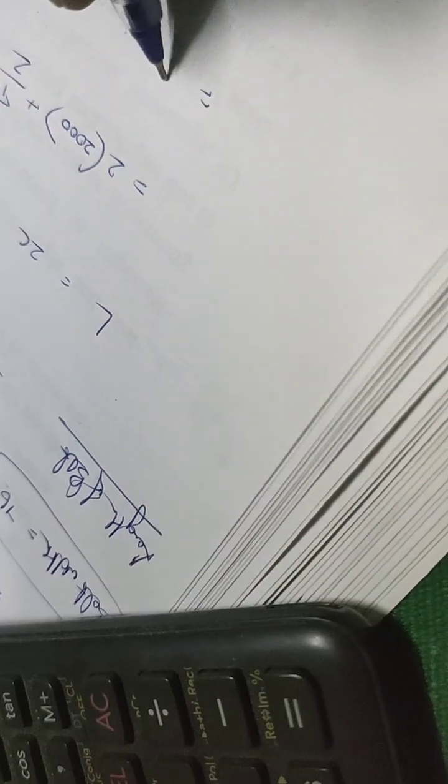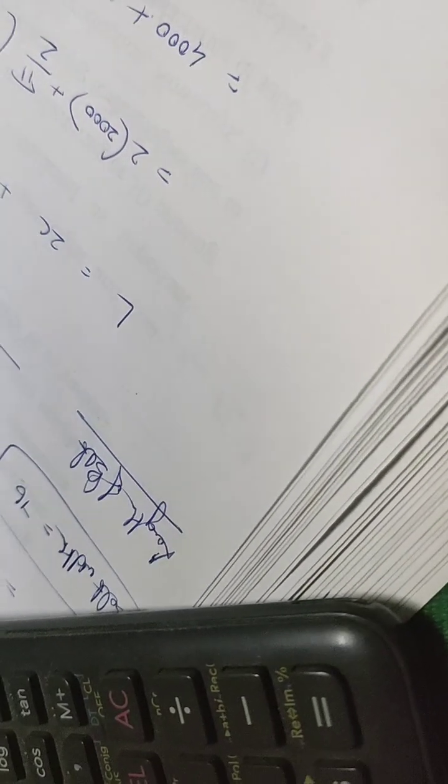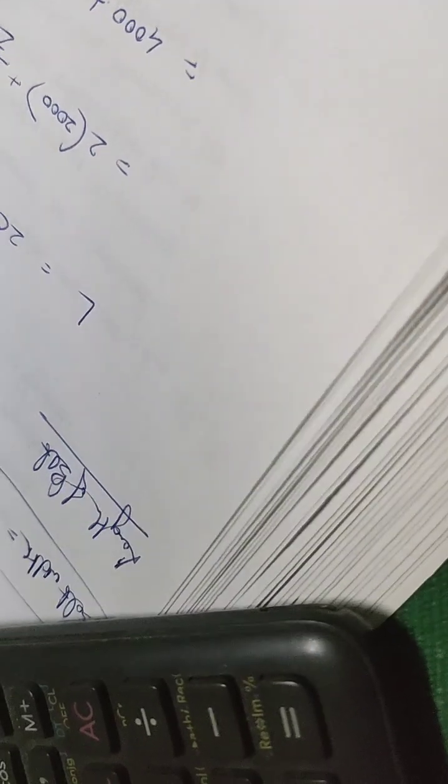Now we'll substitute all the values: pi divided by 2 into 1250, plus 1000, plus 963.195, 50 the whole square divided by 8000, that is 70.3125.